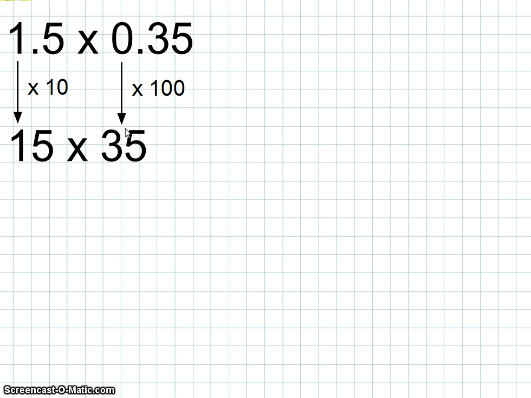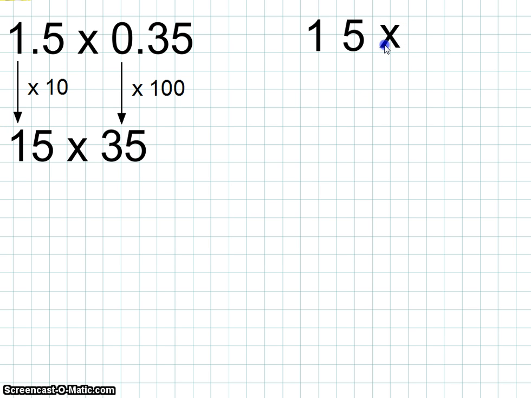And the preparation part is going to be kind of different. It's kind of unique. Lattice method is a unique method. And I hope you find it interesting, looking at how we're going to set things up so that we can use the lattice method. Well, we're going to write 15 times 35.